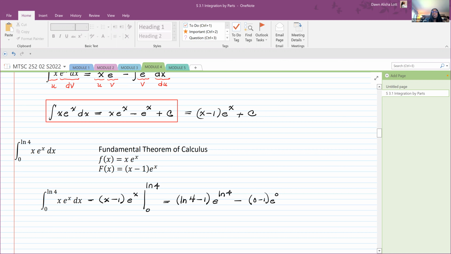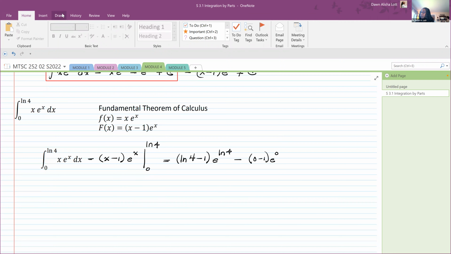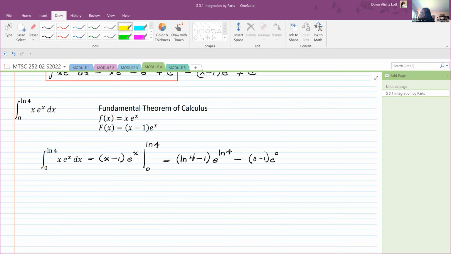Okay, what is e to the natural log of 4? Somebody quick. Would it be 4? Yes, e and log are inverse functions. e to the natural log of anything is that thing.